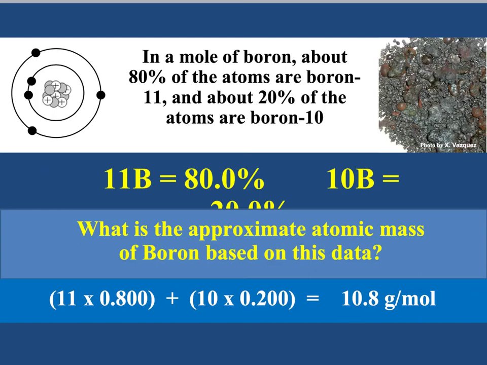So remember, we would do 11 times 0.8 and 10 times 0.2. And then we'd add those two numbers together, and it would give us 10.8 grams per mole. Now in chemistry, it's really important that you put these units, because the units tell you what the numbers mean. If you just put 10.8, that doesn't mean anything to me. So make sure you're writing your units down.